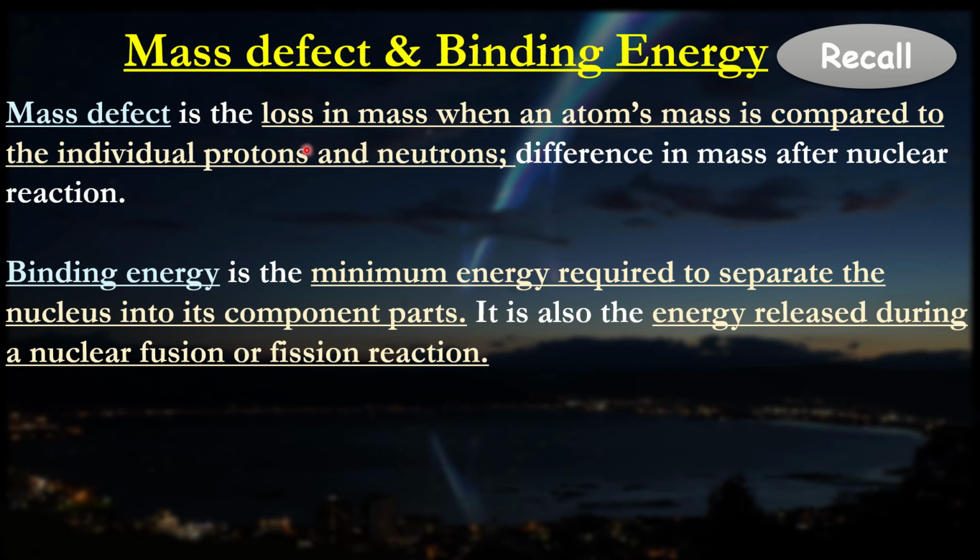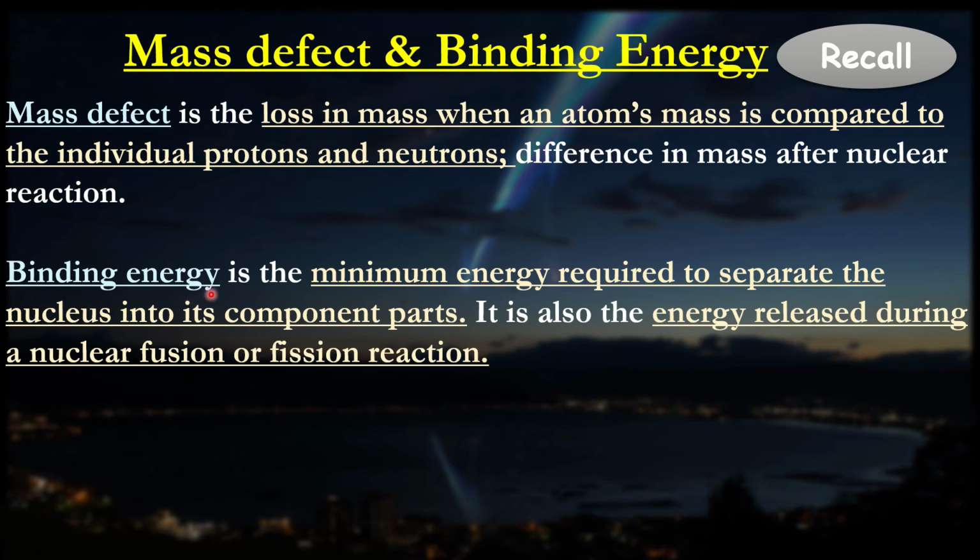So mass defect occurs when there's a loss in the mass of the atom's nucleus compared with the individual protons and neutrons or the smaller fragments.